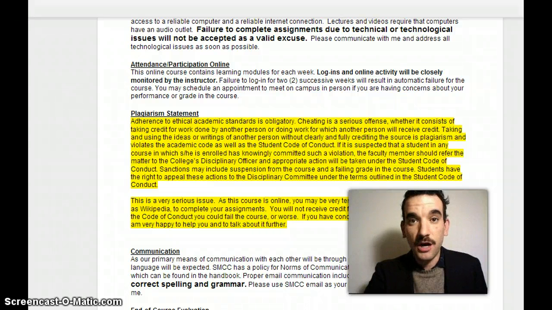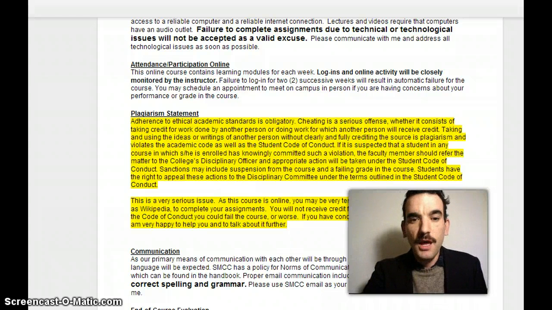I need to know, and I will know because I track this stuff, that you are checking in to our course and that you are actually doing all of the work that's required of you, including listening to these lectures and including all of the reading and external assignments. Failure to do that will detract points from your grade, but ultimately, if you miss 2 successive weeks, that's it. So don't do that.